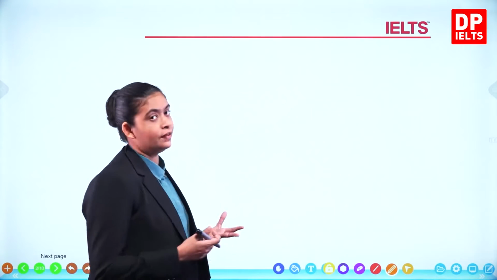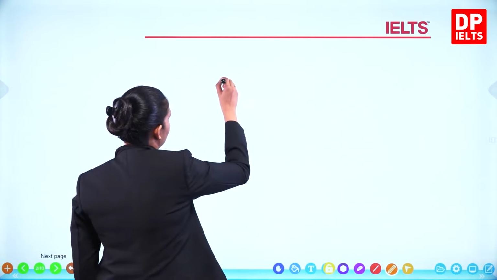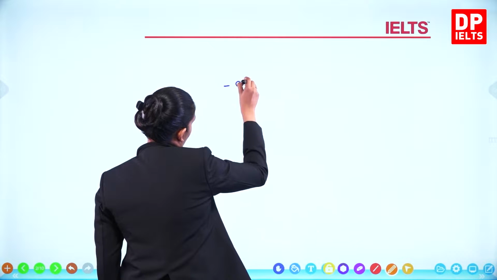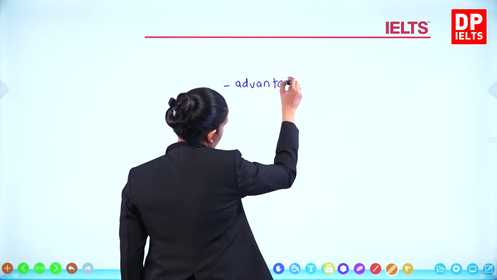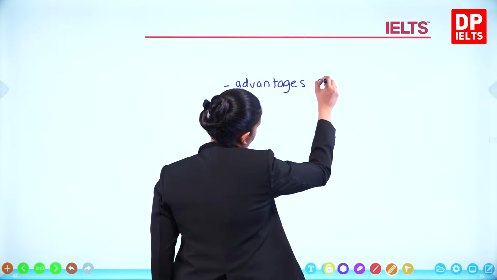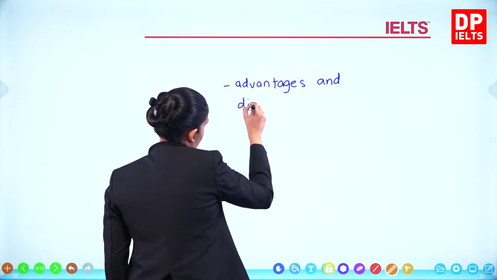When we have a look at the advantage-disadvantage style essay, we could mainly see two types. One could be advantages. They could ask you for the advantages, or they could ask you for the advantages and disadvantages.